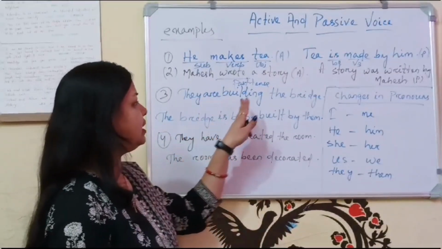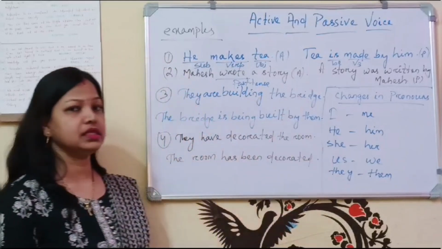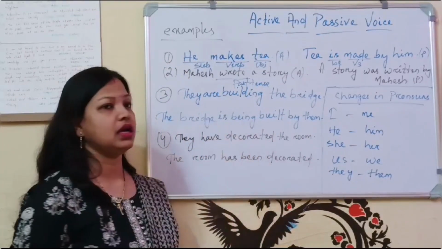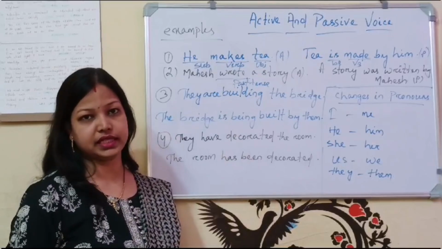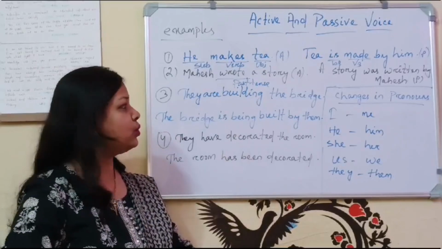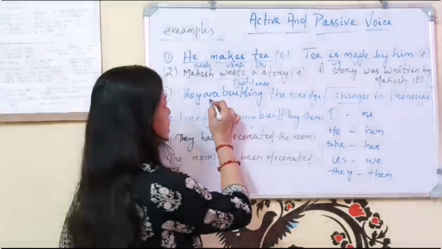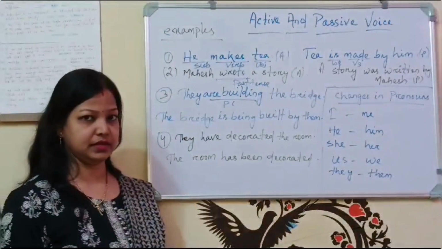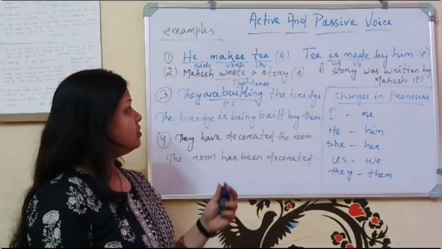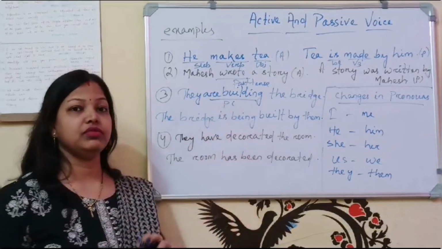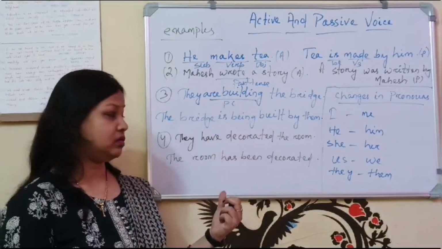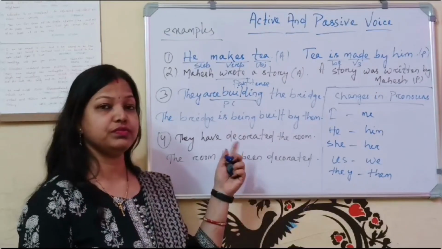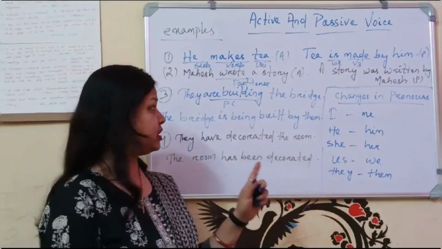Similarly, they are building the bridge. See here, which tense have I used here? Are building. Are building is in continuous tense, present continuous, also called progressive tense. So what is the formula for present progressive? In my previous slide, you have seen that we used be plus being plus verb 3.